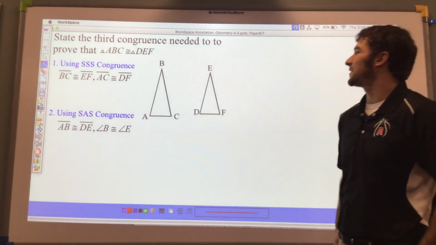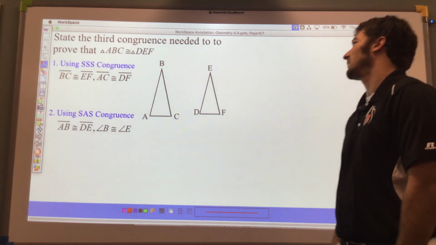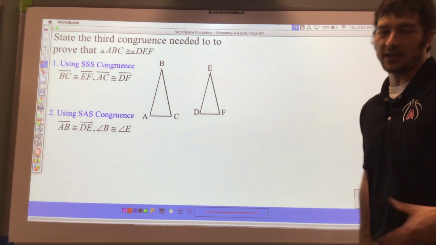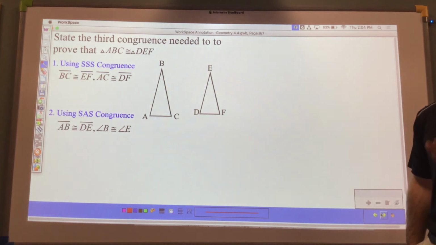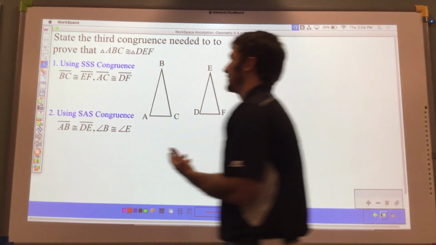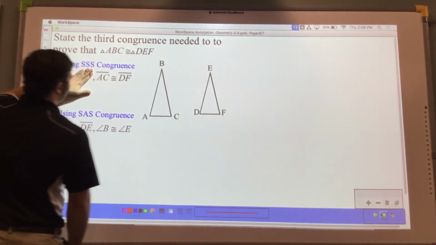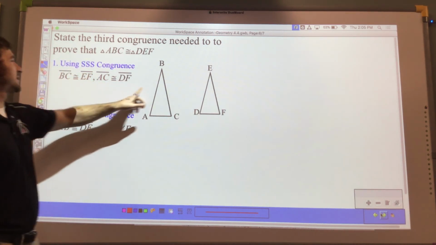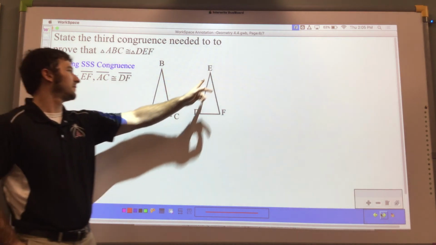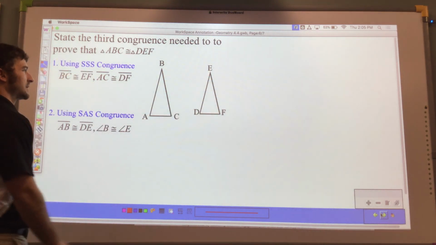Some more examples. It says state the third congruence needed to prove that triangle ABC is congruent to triangle DEF. For some reason these problems always mess people up. It's just understanding what the question is asking. So this says we're going to use side, side, side congruence. So if I look at what's given to me, BC is congruent to EF. So that takes care of these two.